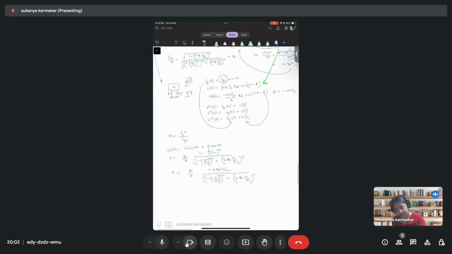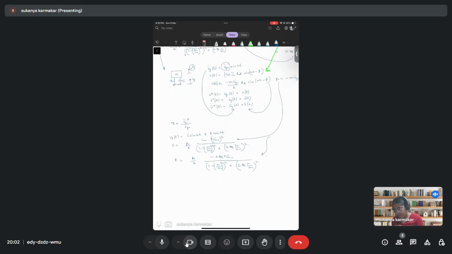If we substitute this value of P naught in these expressions, you will see that your u of t will be of the form P naught by K, which is minus m ug double dot by K, times (1 minus (omega by omega n) whole square), no change in this, over (1 minus (omega by omega n) whole square) plus (2 zeta omega by omega n) square.